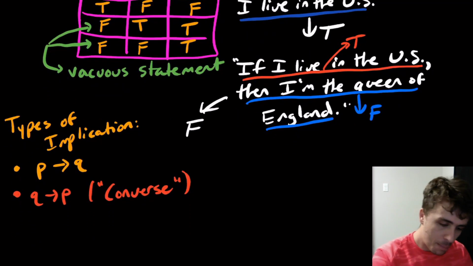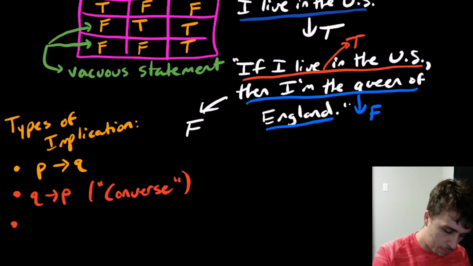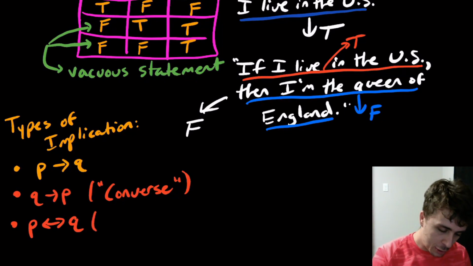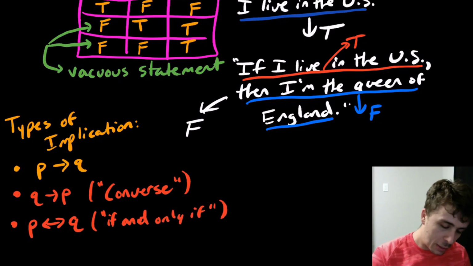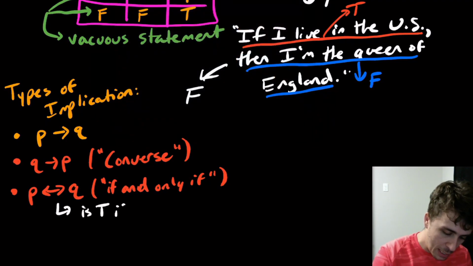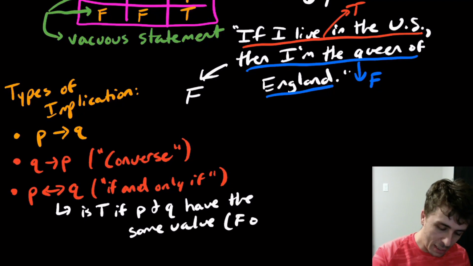But sometimes we have a bidirectional operator, P arrow back and forth Q. Another way of saying this is "if and only if." Another way to think about it is that it's true if P and Q have the same value, and false otherwise.